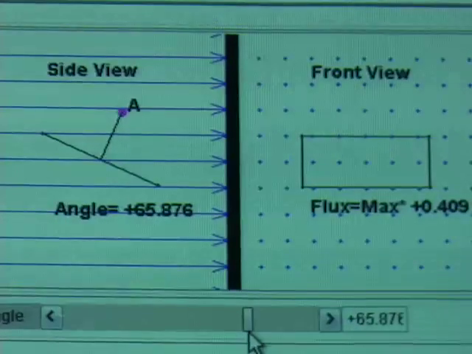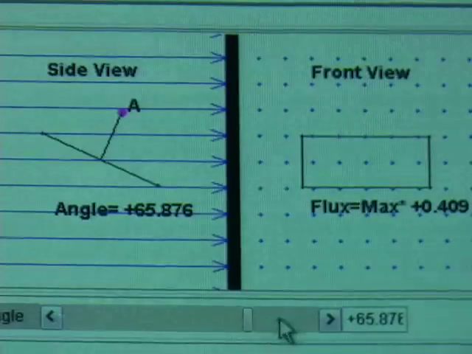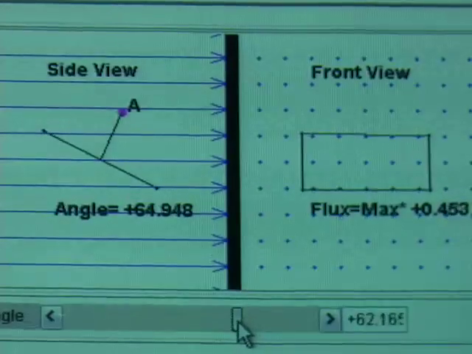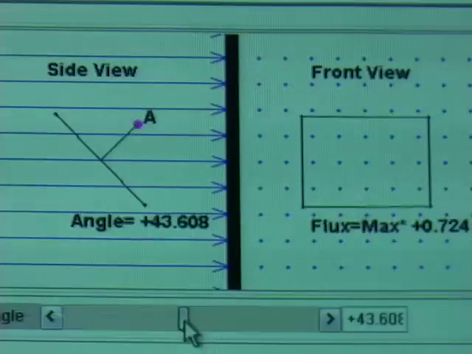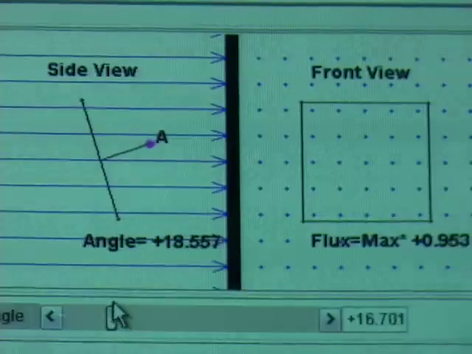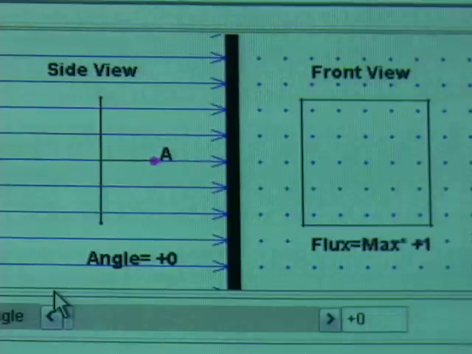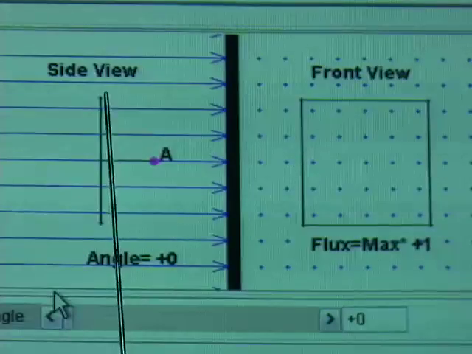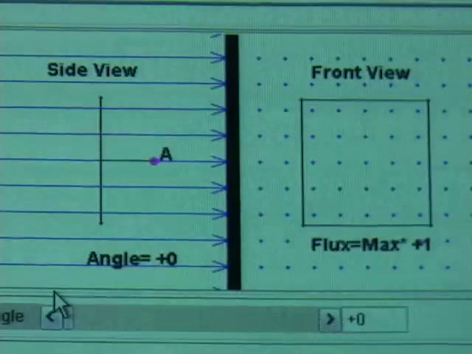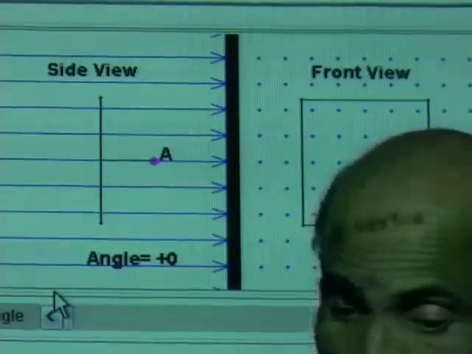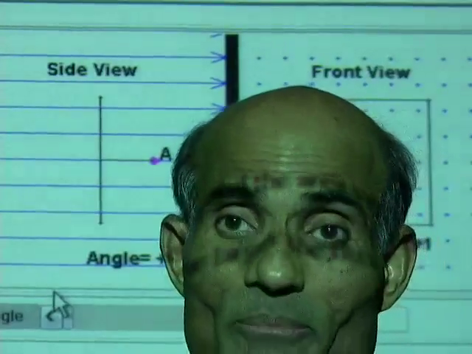There will be no flux. That means I can increase the flux through a surface by making the surface more and more at right angles. And the maximum flux crosses the area when the area is at right angles to the lines of force. It's very important to understand that.